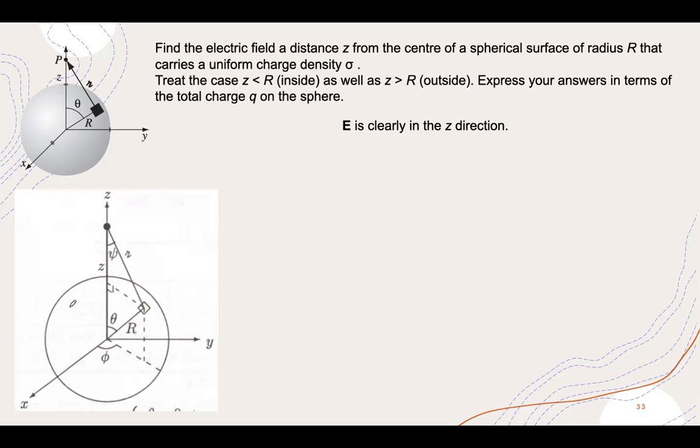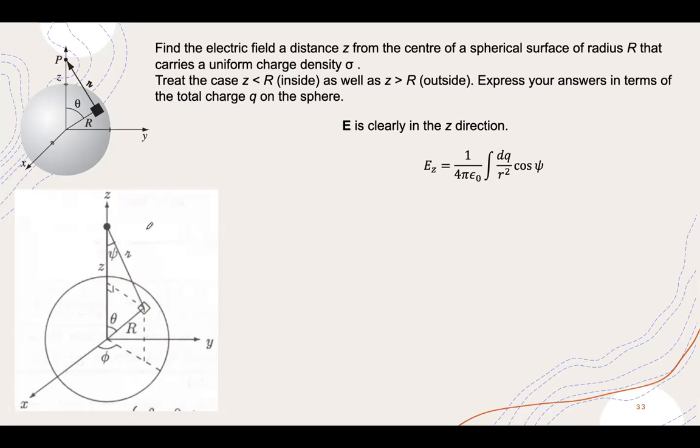So since these are equal charges, the electric field is automatically going to be along z, because the x components are going to cancel out, and the y components are also going to cancel out. Okay, so automatically we know the direction of the electric field at point P. So the very first concept is that.